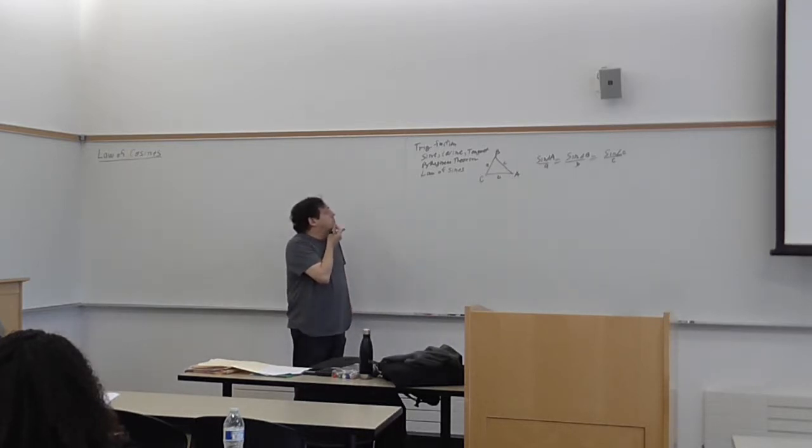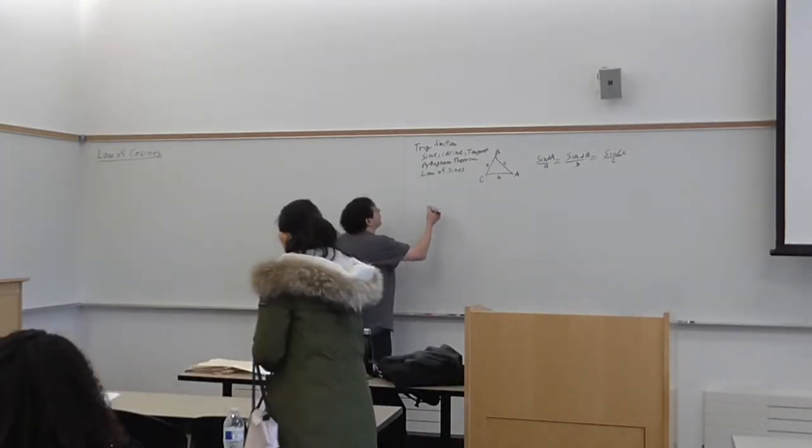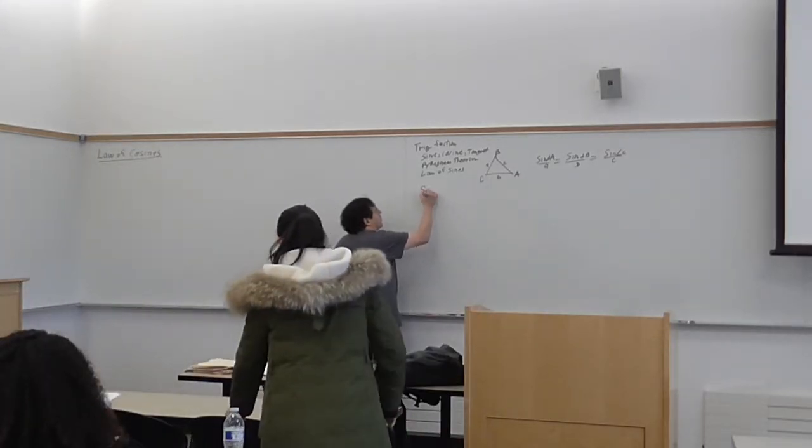I've been trying to expose the use of these things through the idea that there's a connection between triangle congruences and the triangles that are solvable. So let's put those up on the board again.